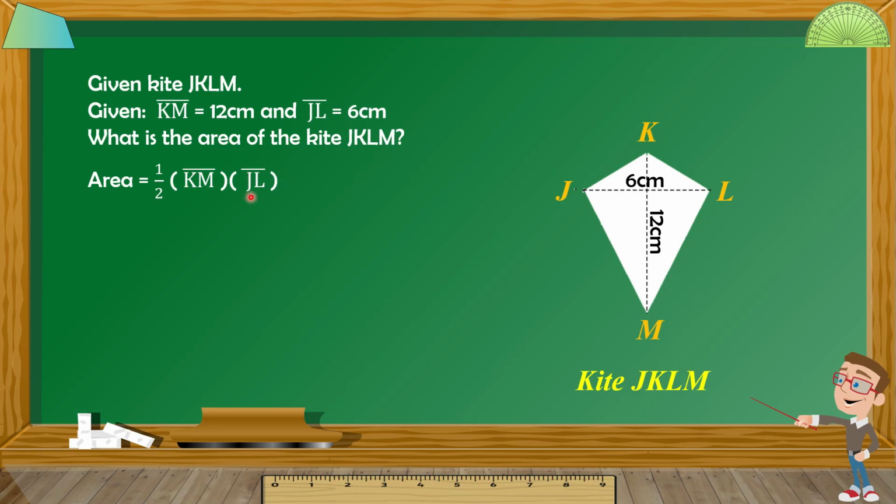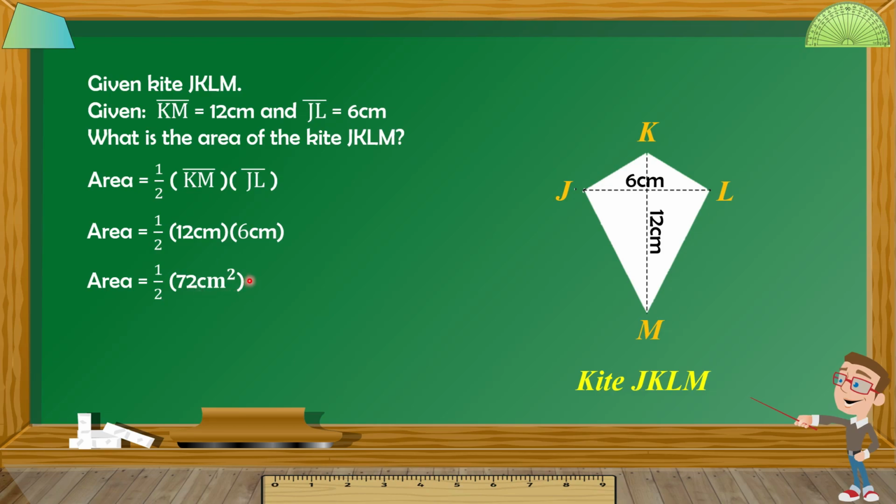Mumultiply natin yon. And then, substitute lang natin mga given values. Si KM ay 12 cm at si JL ay 6 cm. So, multiply lang natin yan. 12 times 6, that is 72 square centimeter. So, centimeter times centimeter, that is square centimeter.